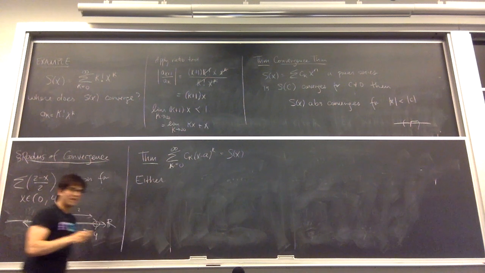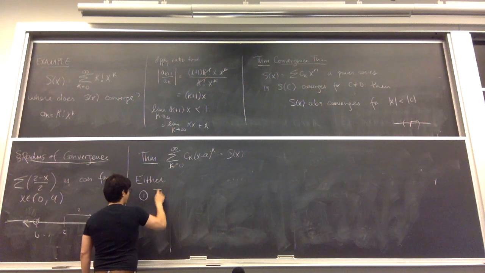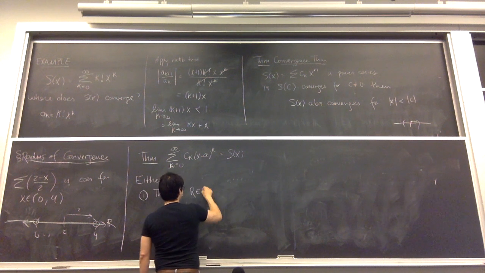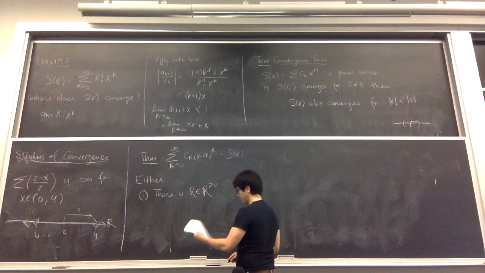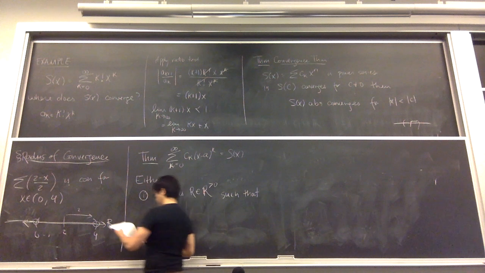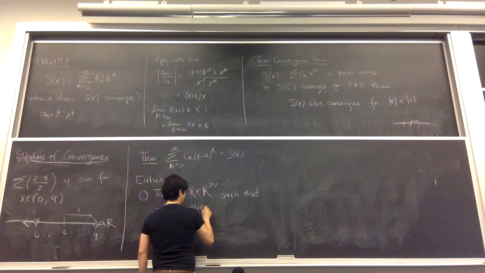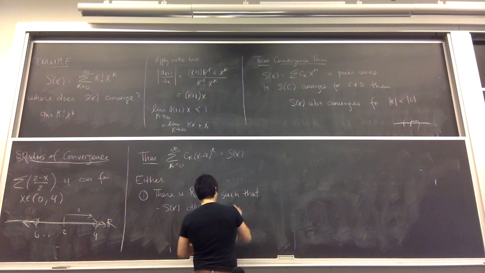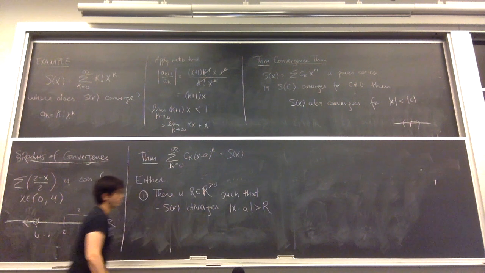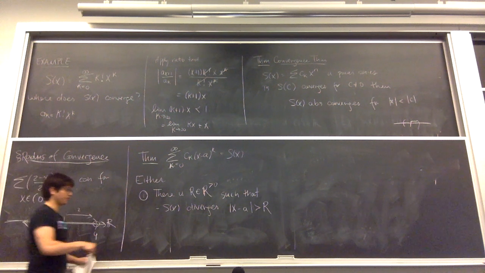Exactly one of the following 3 things is going to happen. 1, there is a positive radius R such that S of x diverges for x outside the interval. This is basically the algebraic way of saying that you're outside of the interval.